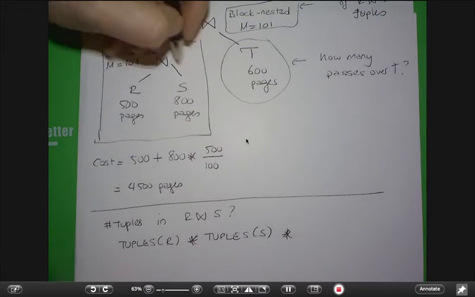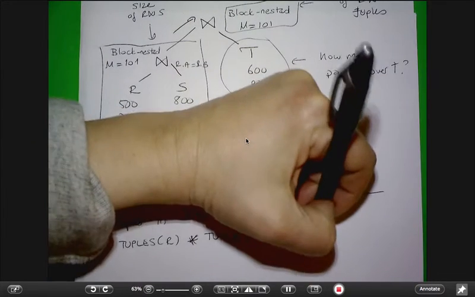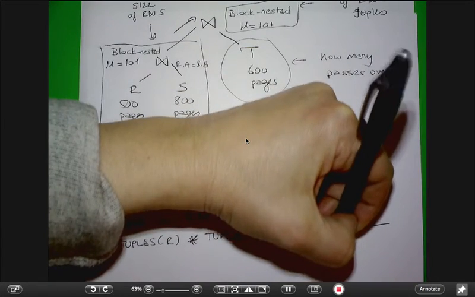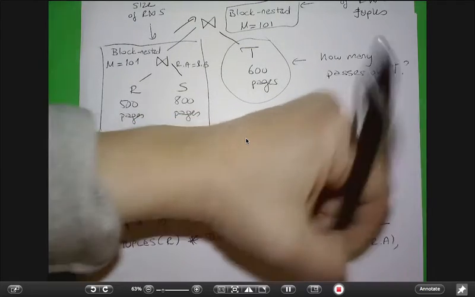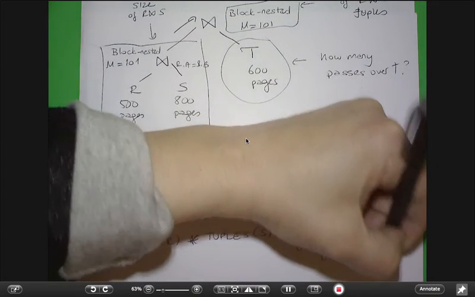Let's put a simple expression here: R.A equals S.B. The selectivity is 1 over the max of n distinct R.A or n distinct S.B.